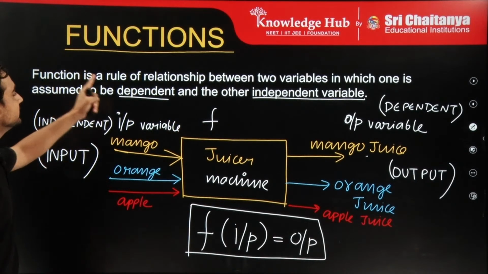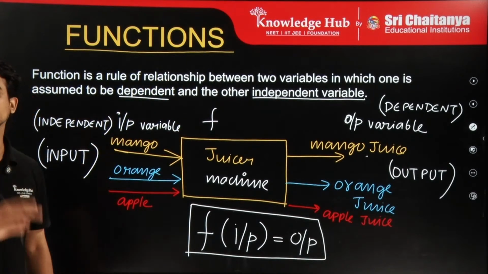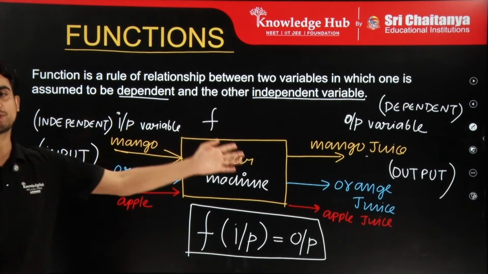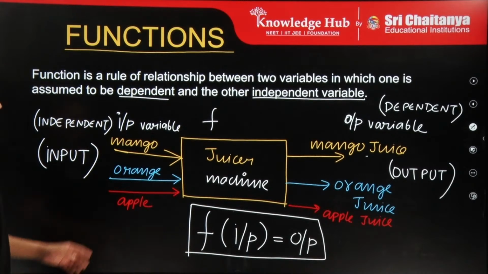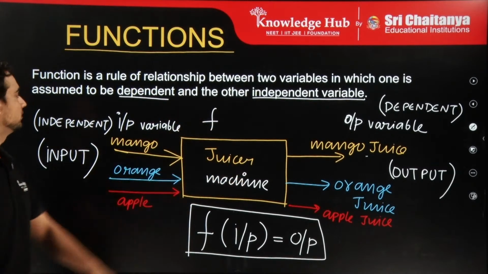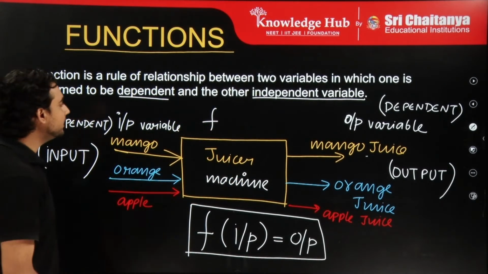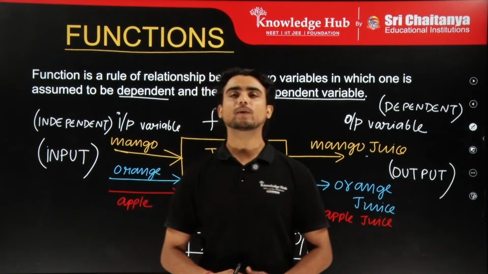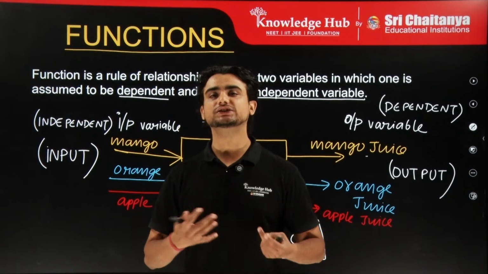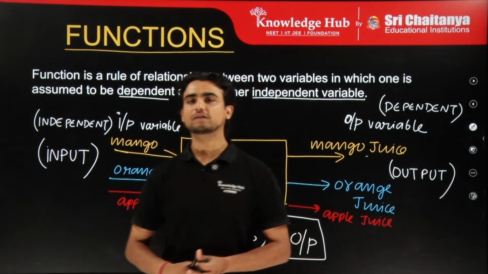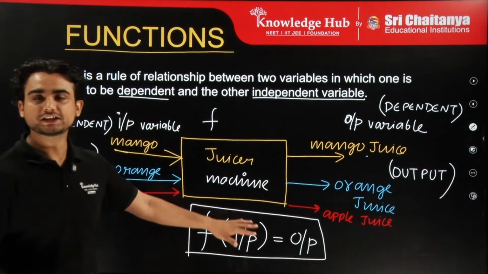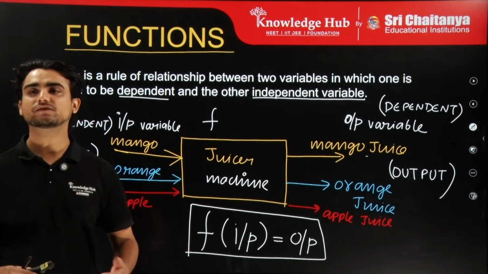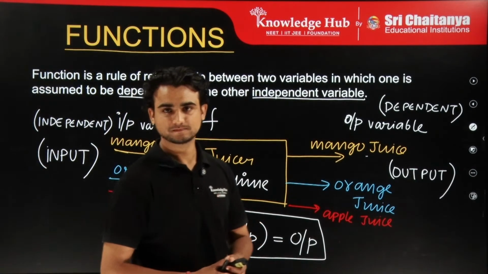Function is a rule of relationship between two variables, my input variable and my output variable. Here fruit and juice assumed to be dependent and the other independent variable. So now I hope it is clear to you what a function is, and you can always come back to this analogy and understand function in a very easy way, right?